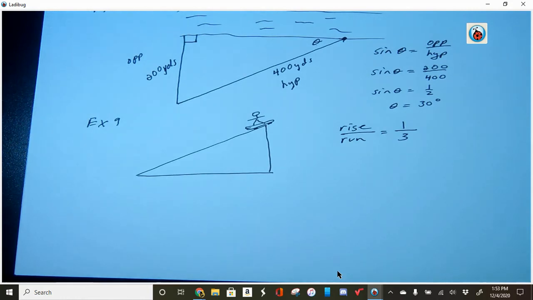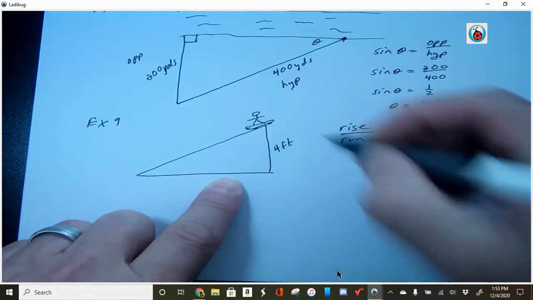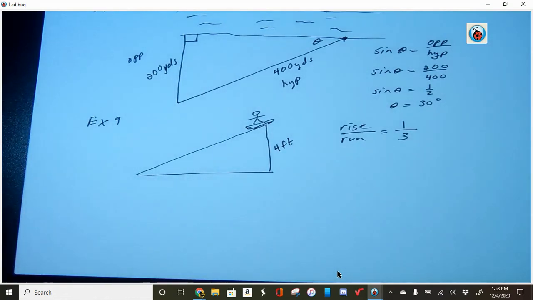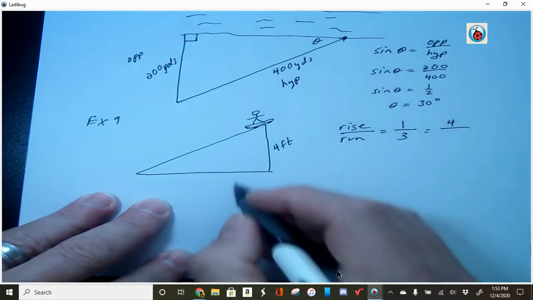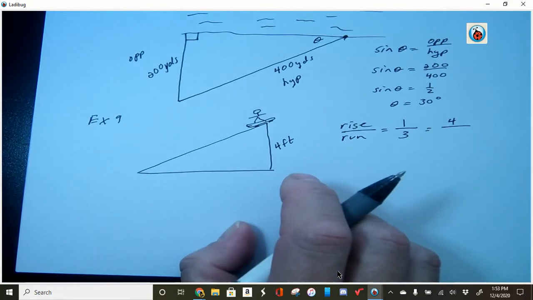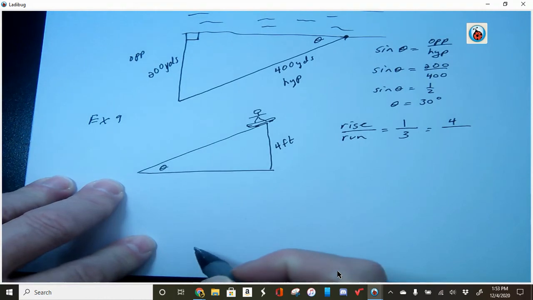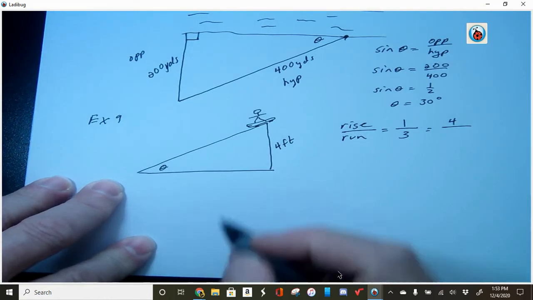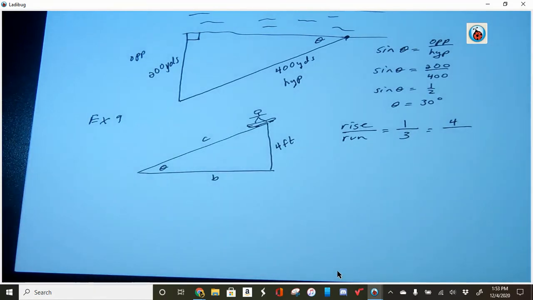Now, one thing about this skateboard ramp is we know that the height of that skateboarder at the very top of the ramp is 4 feet off the ground. And a couple other things, it's not actually written in the problem, but it's shown in the diagram itself. What we want to find is the lengths of B and C. B and C are right here and there.